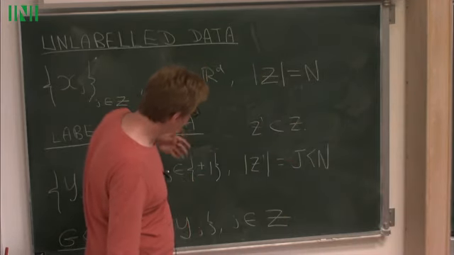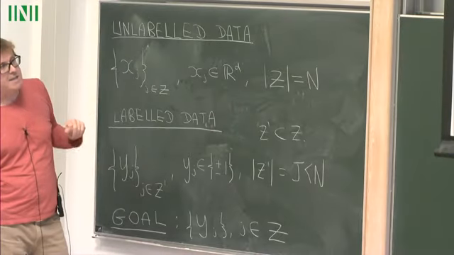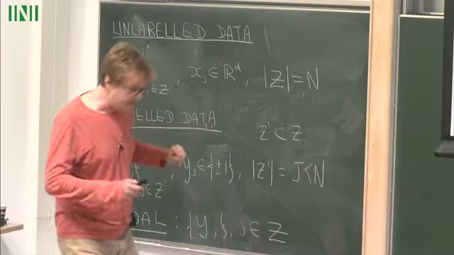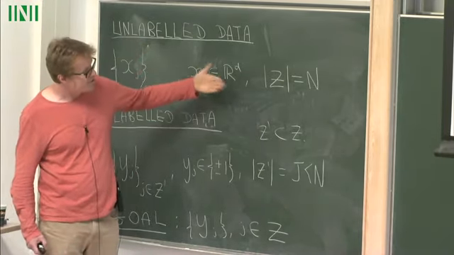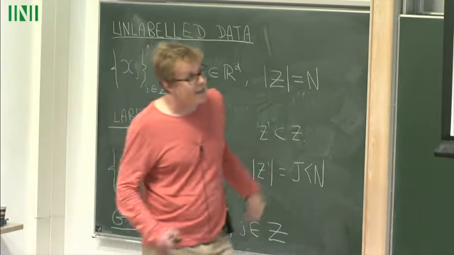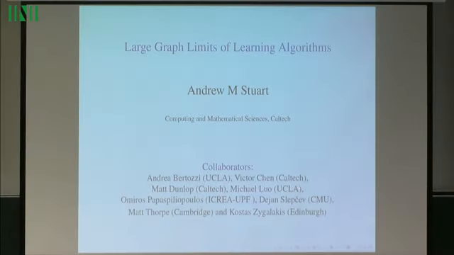And in doing that, I'll answer some questions about how you might approach this problem using Gaussian process regression and how to choose the kernels. There's, so to speak, a canonical answer about how to choose kernels in Gaussian process regression by taking this N to infinity limit. And then there's also some work on algorithms with Michael Luo from UCLA, Andrea Bertozzi, Victor Chen, and Omiros Papaspiliopoulos.